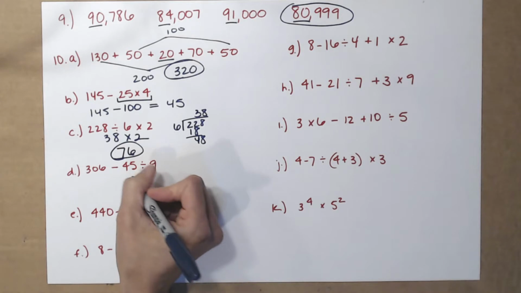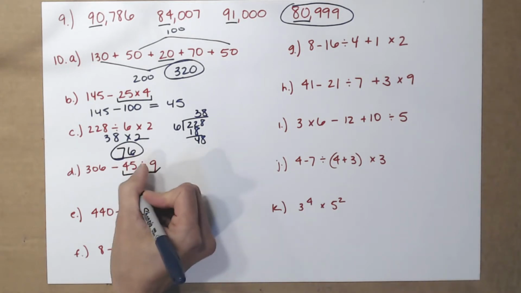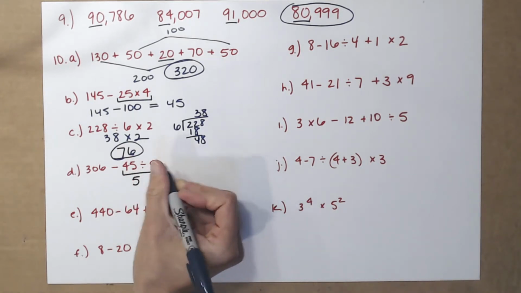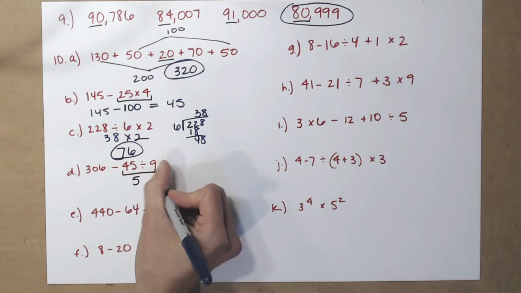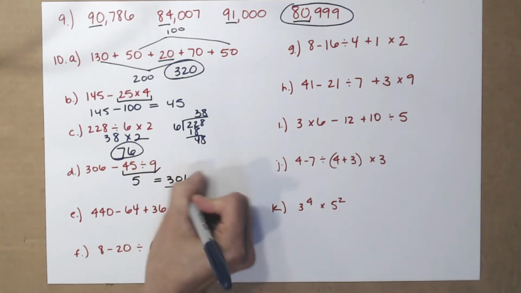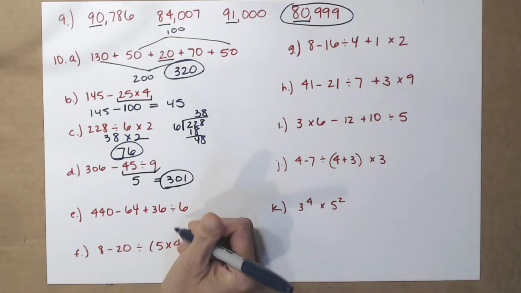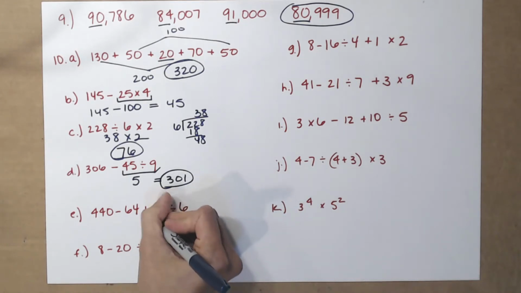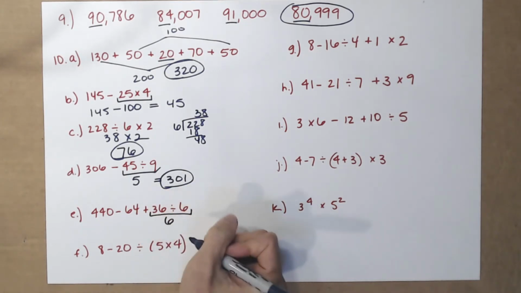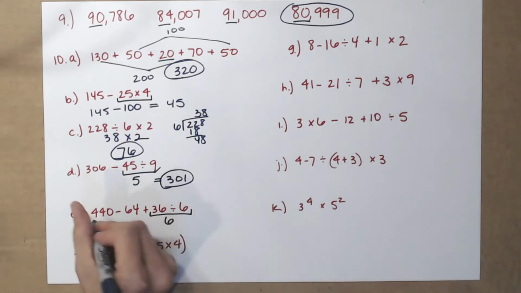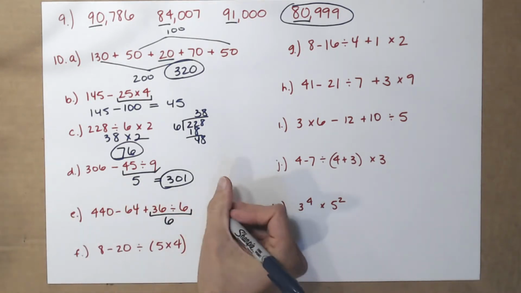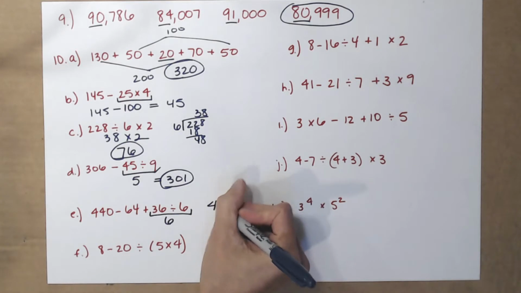On letter D, we need to do our division first. 45 divided by 9 is 5. 306 minus 5 is 301. Letter E, we need to do our division first. 36 divided by 6 is 6. So now we can go straight across. 440 minus 64.